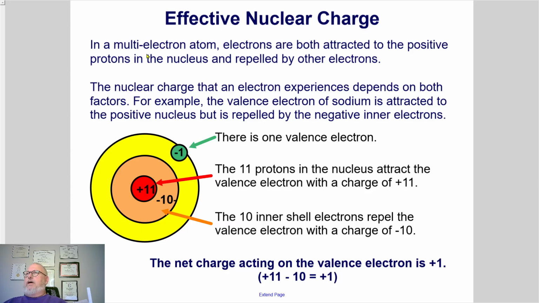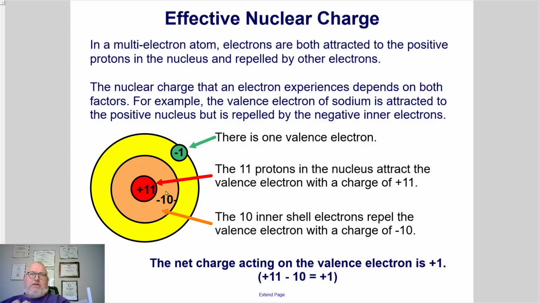When we start talking about multiple electron atoms, we know that electrons are both attracted and repelled by the other subatomic particles. So the nuclear charge that the electron experiences depends on two factors. The valence electron of sodium, one outer electron, is attracted to the positive nucleus, the 11 protons in there, but it's also repelled by the 10 negative inner electrons.